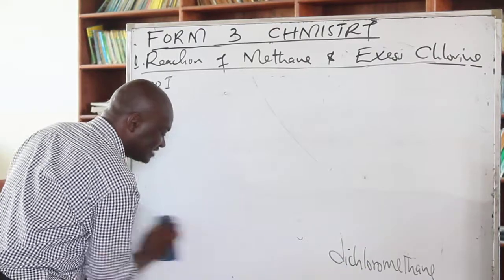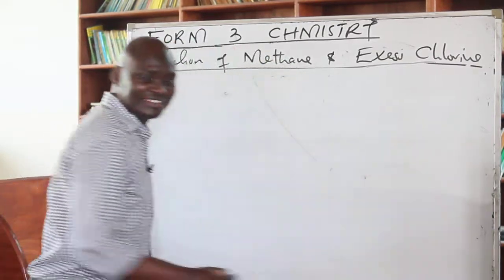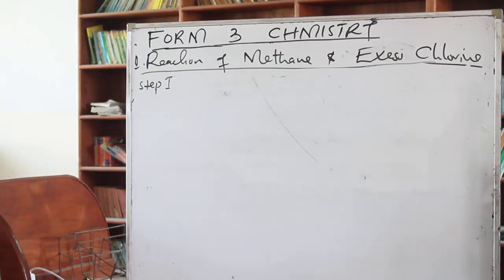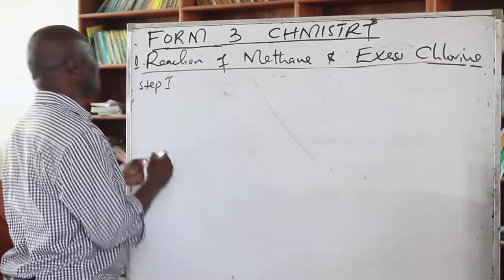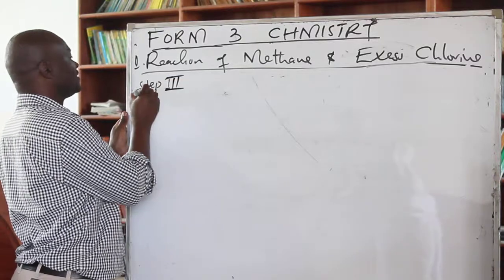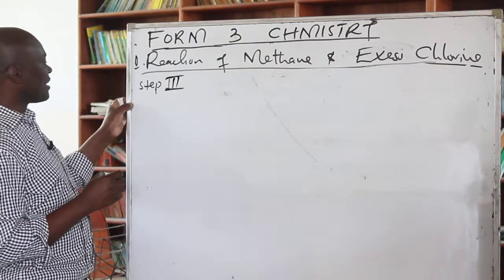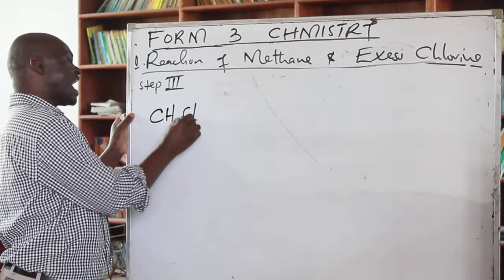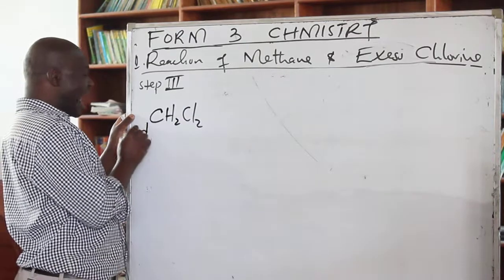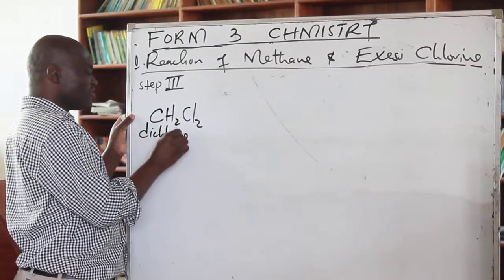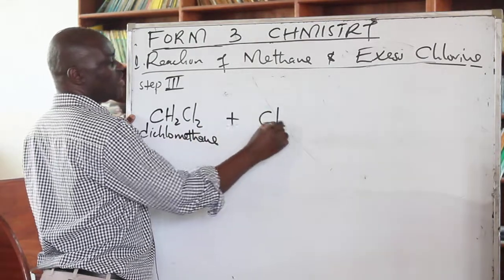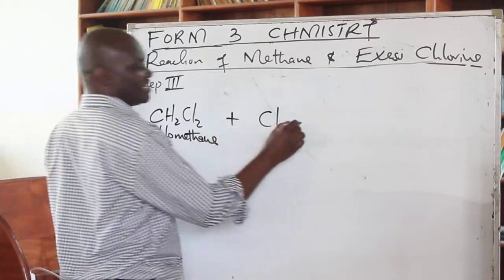So we are saying in the 3rd step, it is the dichloromethane that will undergo substitution. Now, in step 3 we have CH2Cl2. This one is dichloromethane plus chlorine, more chlorine, because we have excess chlorine.